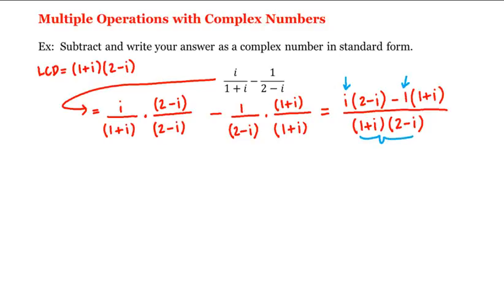out this denominator here, which gives us 2i minus i squared minus 1 minus i divided by 2 minus i plus 2i minus i squared.